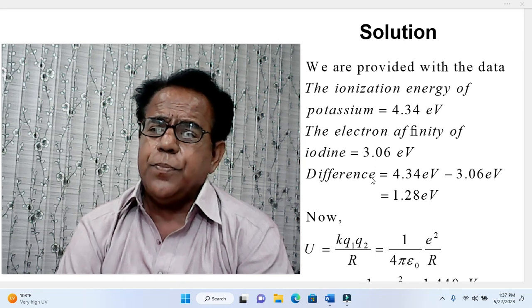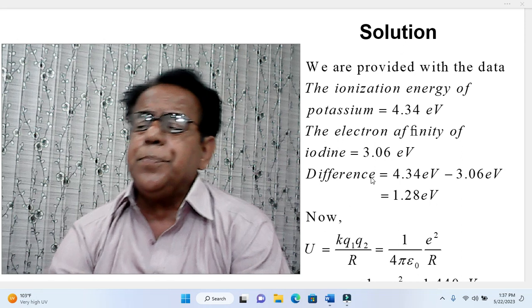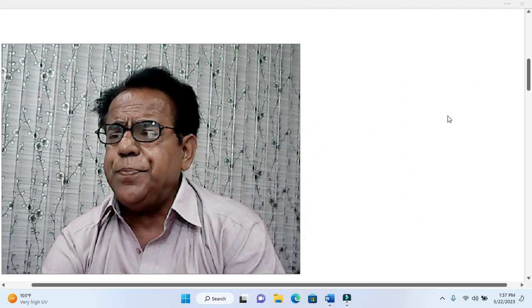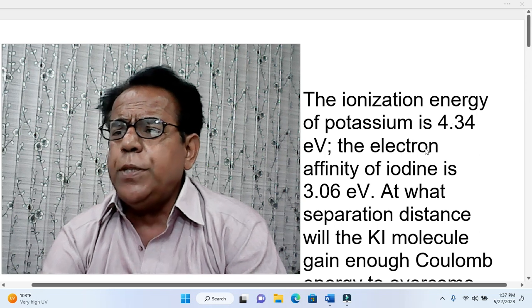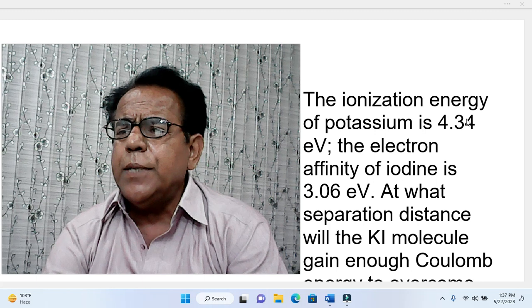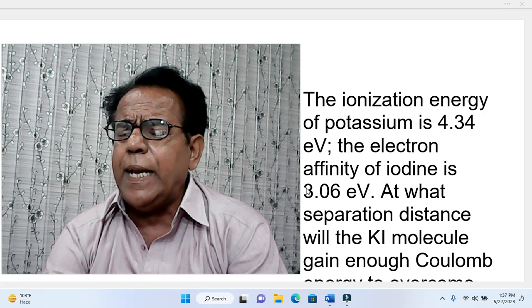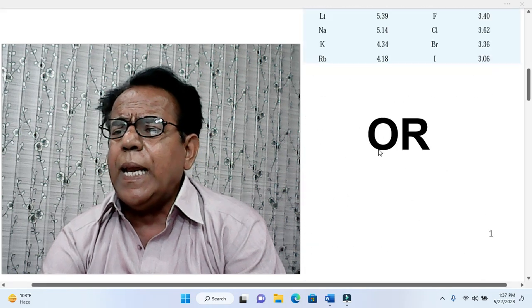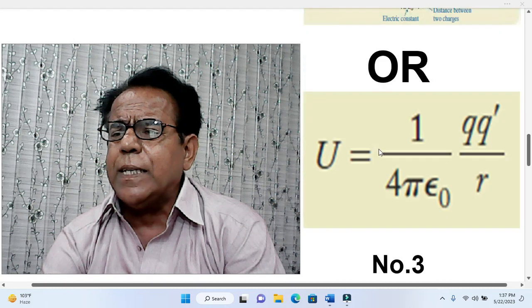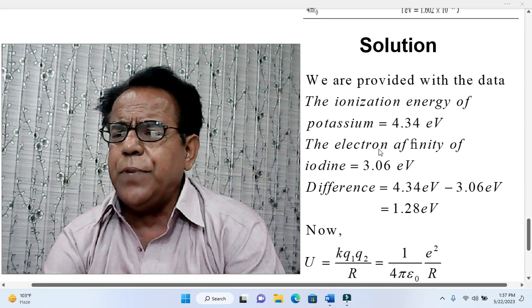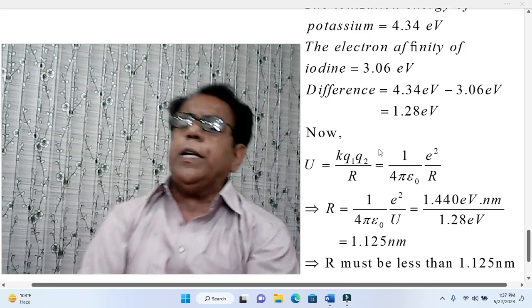In the statement both these values are given, 4.34 electron volt, which is the ionization energy, and 3.06 electron volt, which is the electron affinity of iodine. We have taken their difference, and the difference has become equal to 1.28 electron volt.